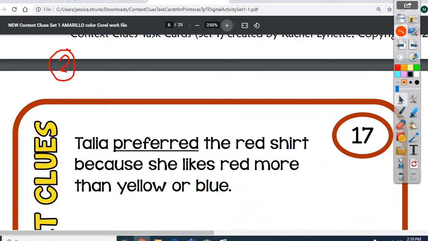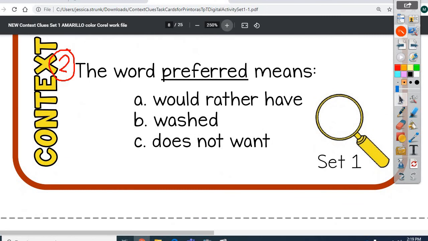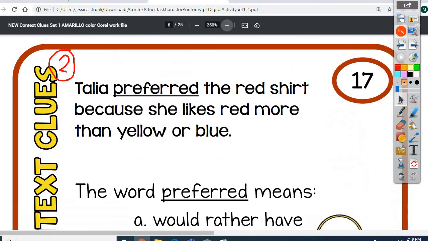Alright, we're going to try one more. That's that one right there. So this is going to be our third one. So you'll write number 3. And it looks like the word we're trying to figure out is the word preferred. Alright, let's see if we can figure out what preferred means.